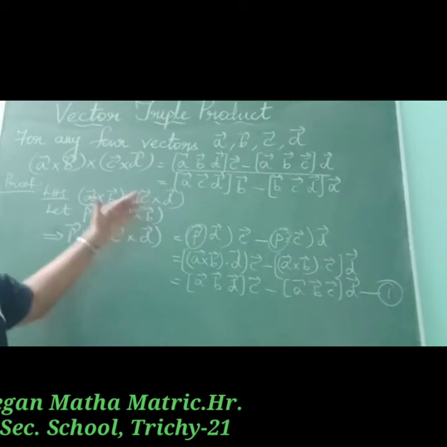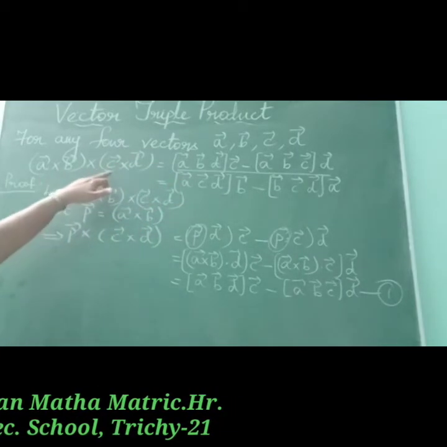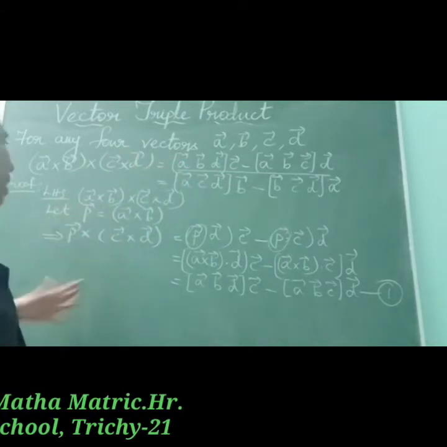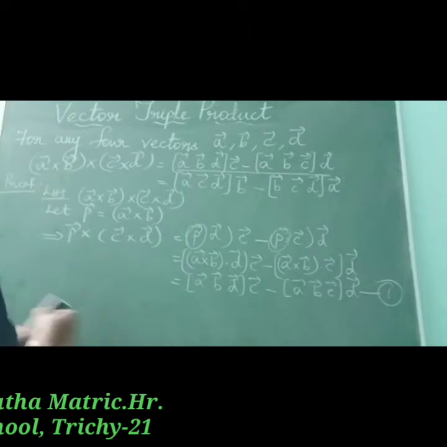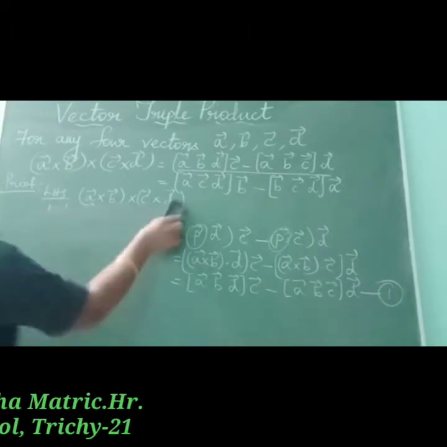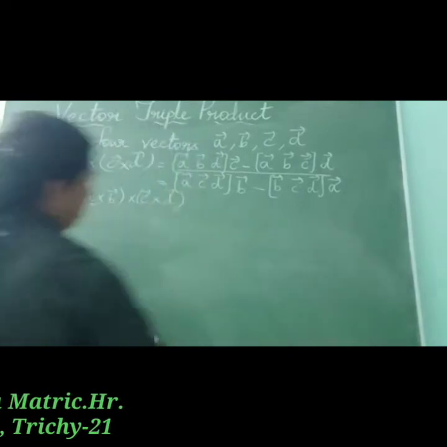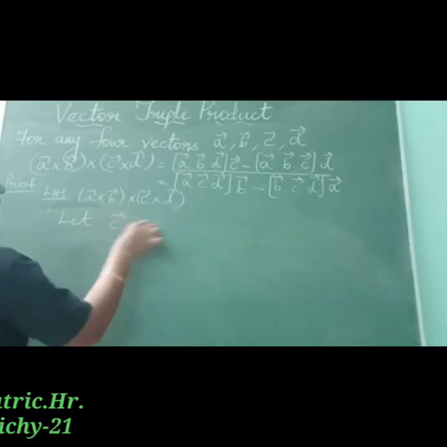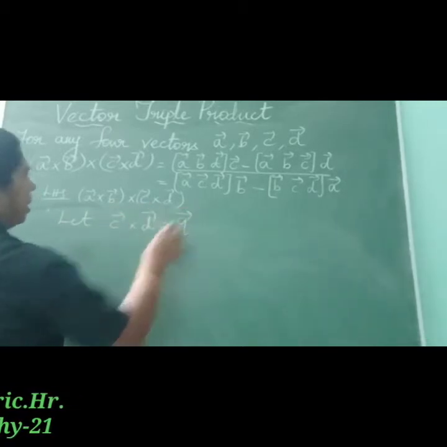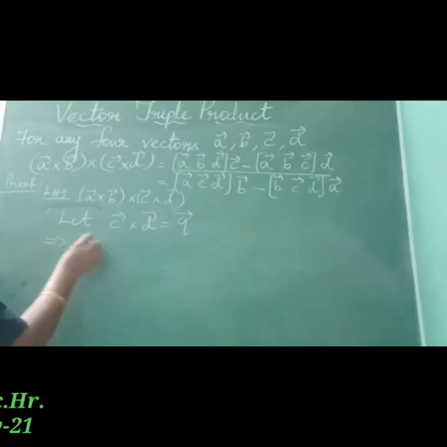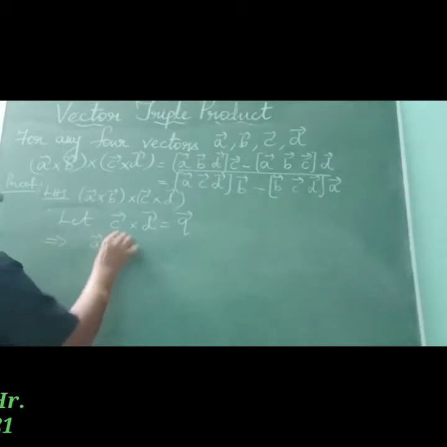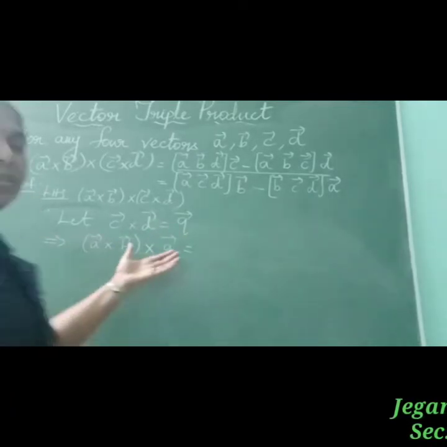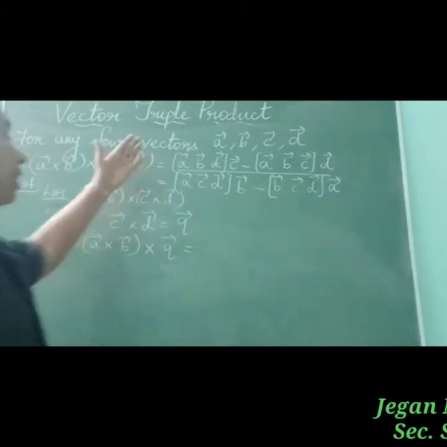In the same way, for the second result, we take C cross D as another variable. The first result we already proved. For the second result, let C cross D be equal to Q vector. So this can be written as A cross B cross Q vector. Again, this can be expanded by the vector triple product rule.